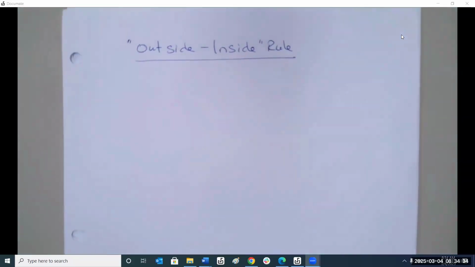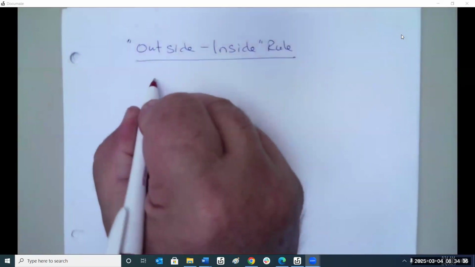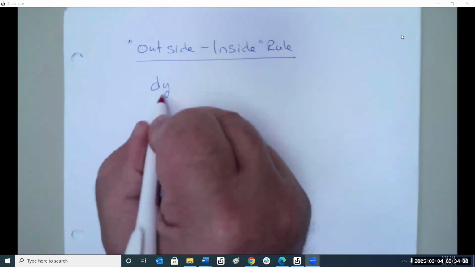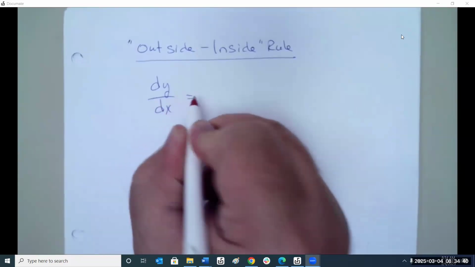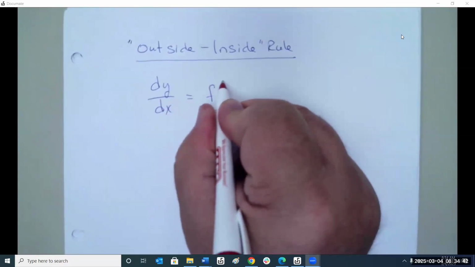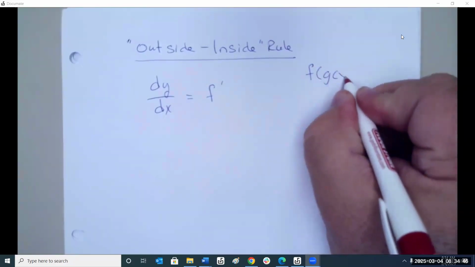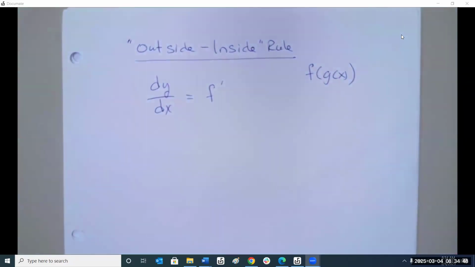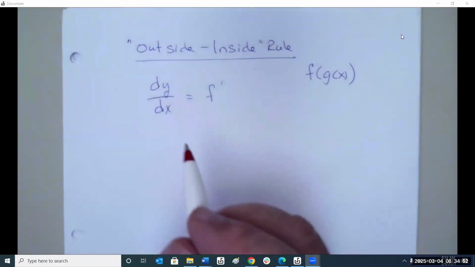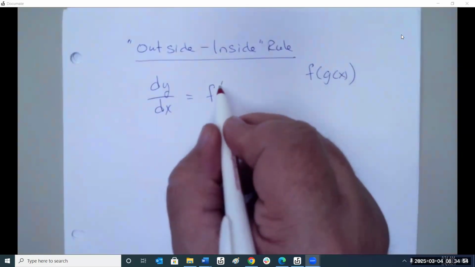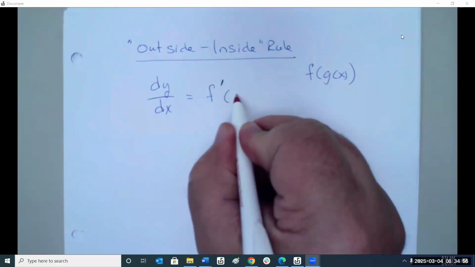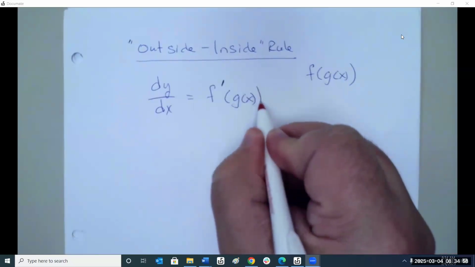The outside-inside rule. Basically, this is what we're saying. The derivative of our function, remember, we have f of g of x. So the derivative using the chain rule is you take the derivative of the outside, leave the inside alone.